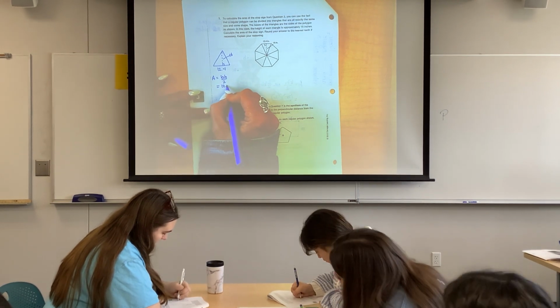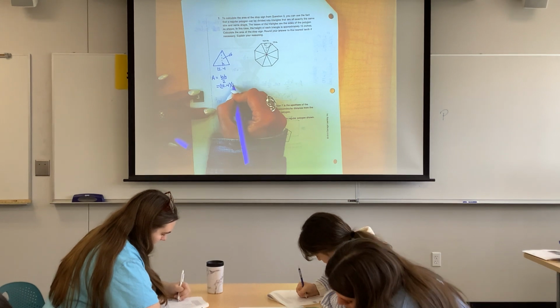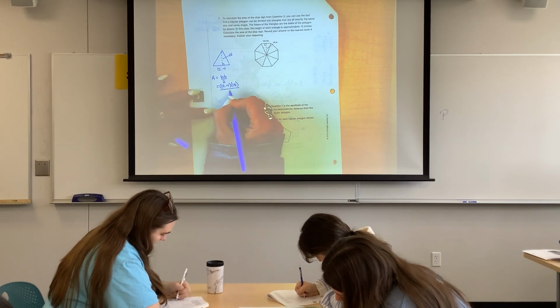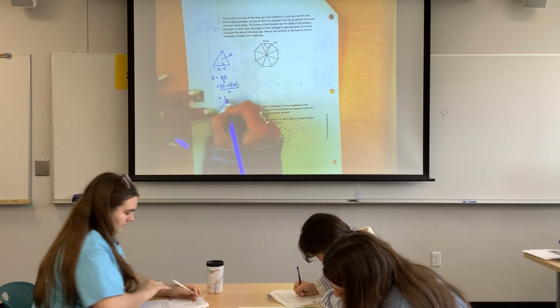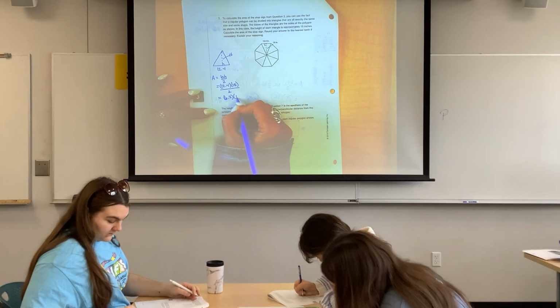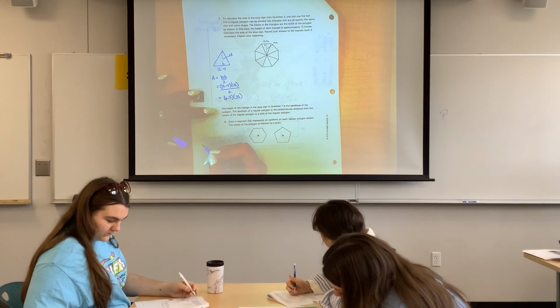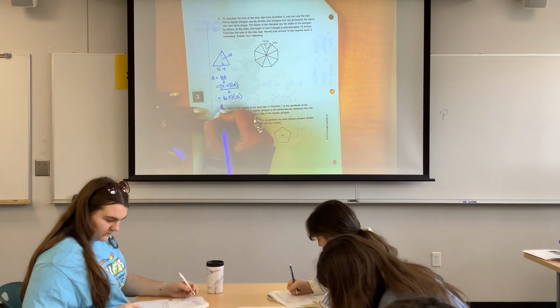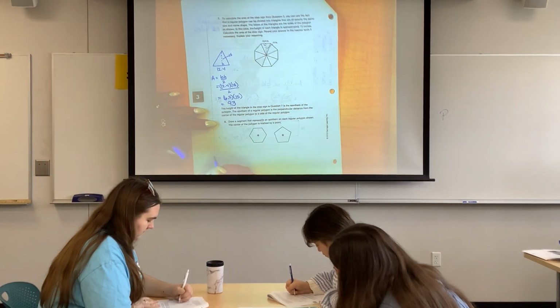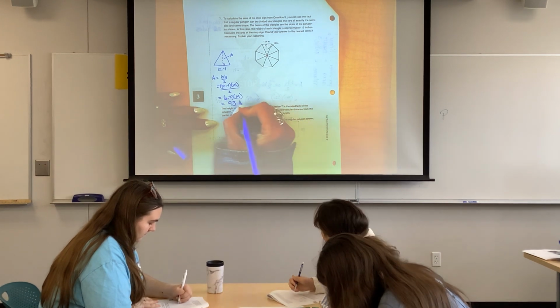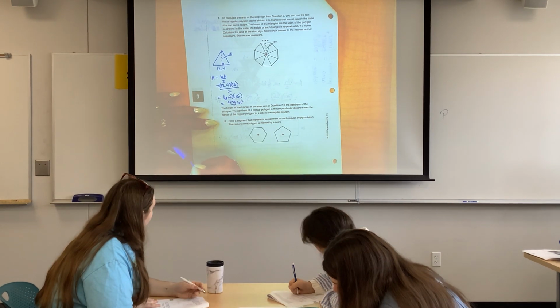So 12.4 times 15 over 2. What's that? 2 times 15. Oh, I don't really want to do that in my head. 93. Thank you. So each of these triangles is 93 square inches.